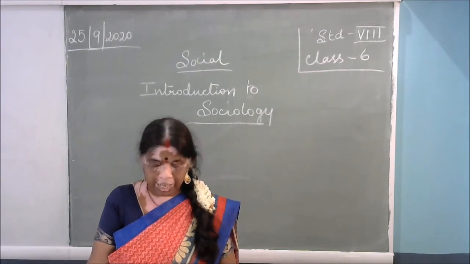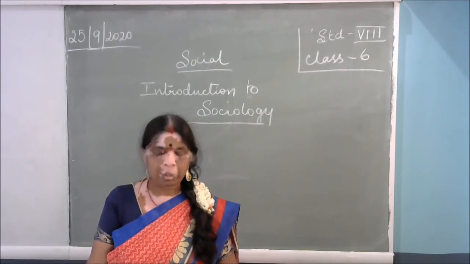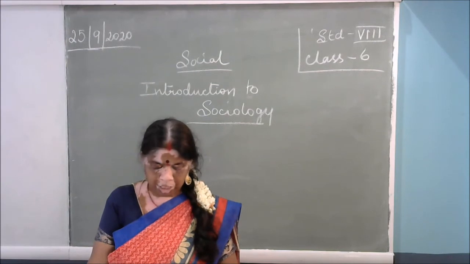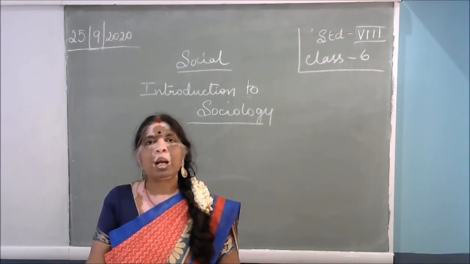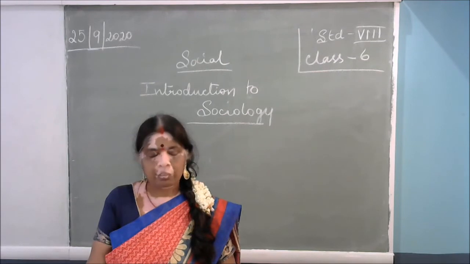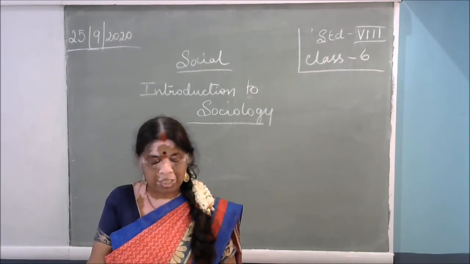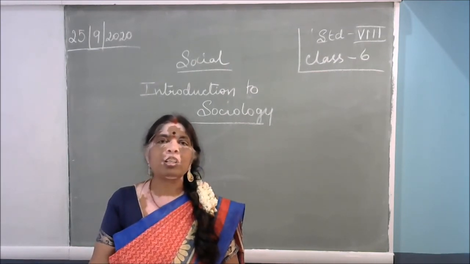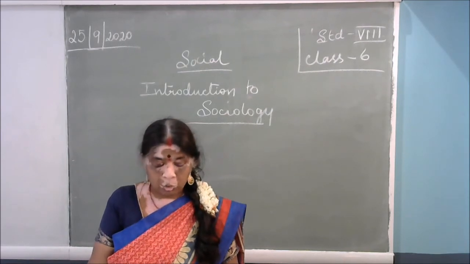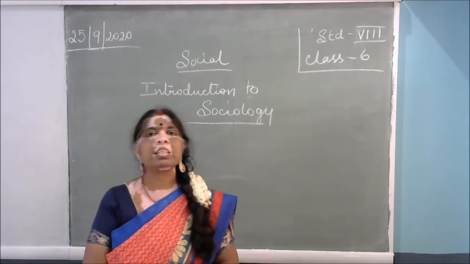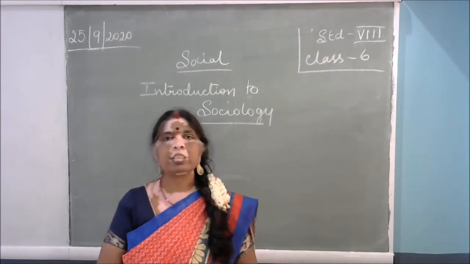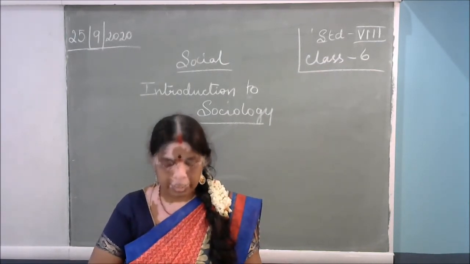Socius means companion, where we need our friends with us. Logos means science or study. Thus sociology is the science of human society. That is the reason we say sociology is the science of human society.